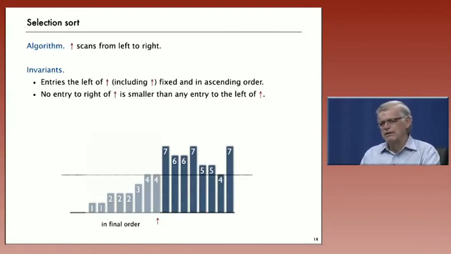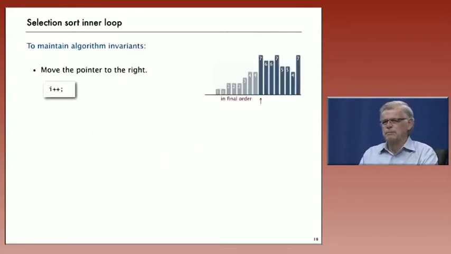No entry to the right of the arrow is smaller than any entry to the left of it. That's the way that we set it up. And the algorithm maintains those invariants by finding the smallest entry to the right and exchanging it with the next one. So the code implements the invariants.